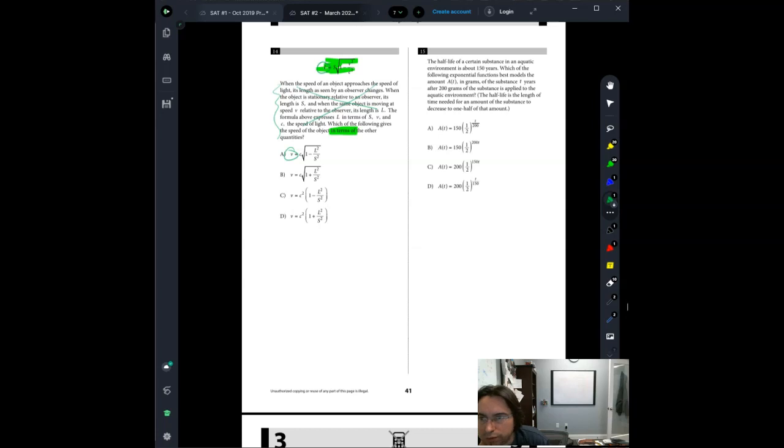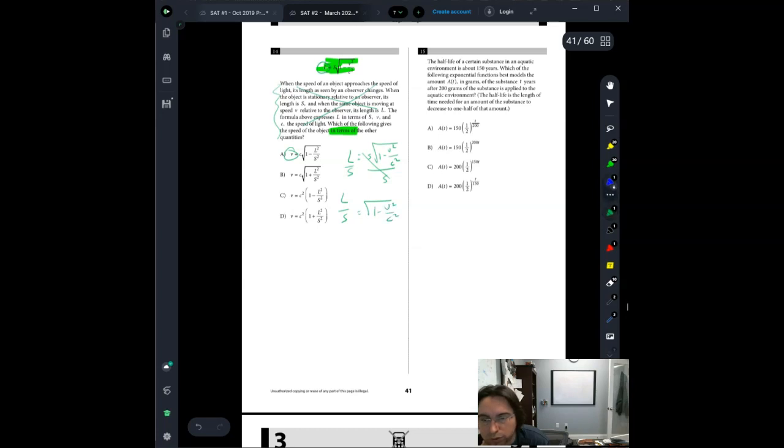So first off, let me rewrite my expression. We have L equals S times the square root of 1 minus V squared over C squared. So we need to divide by S to get rid of S. Now we have L over S equals the square root of 1 minus V squared over C squared.